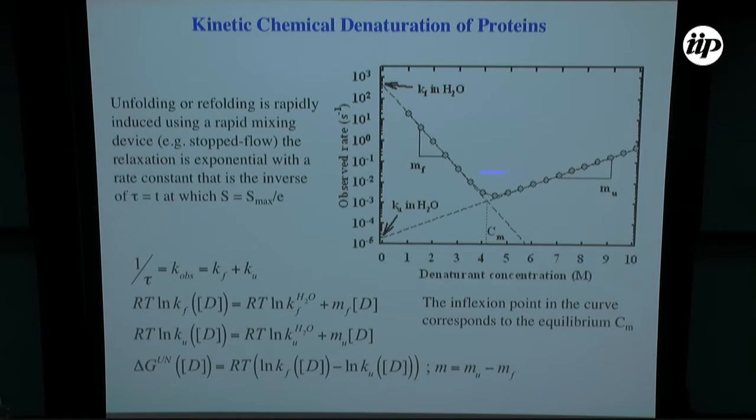And the reason for these two having the opposite slope is because what you are doing here is looking at the unfolding process from the native state to the transition state, and in the other case from the unfolded state to the transition state. So the transition state is some place in between the two in terms of the sensitivity to the denaturant, and therefore what that means is that you have this type of plot.